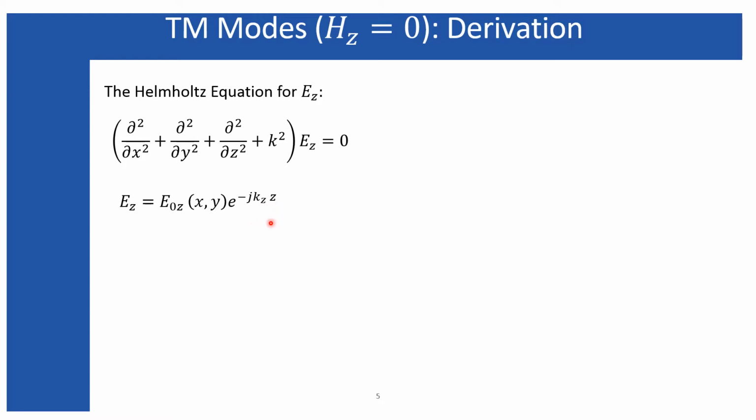Therefore, kz represents the wave number along the direction of propagation. The purpose of including this Ez in the Helmholtz equations is to find the variations along the x and y directions. So plugging this expression into these equations, we have this one here.